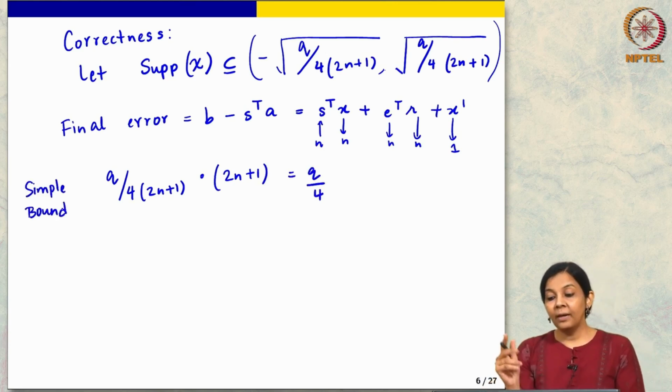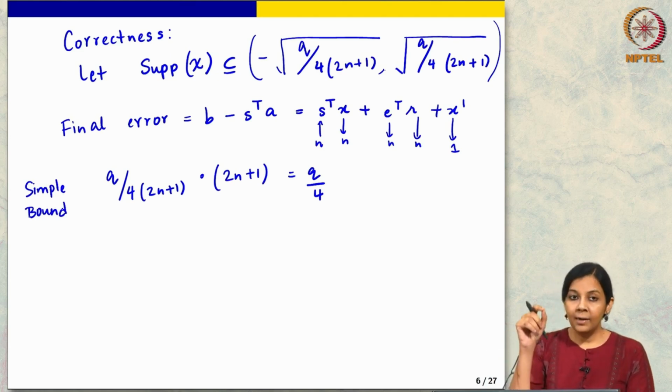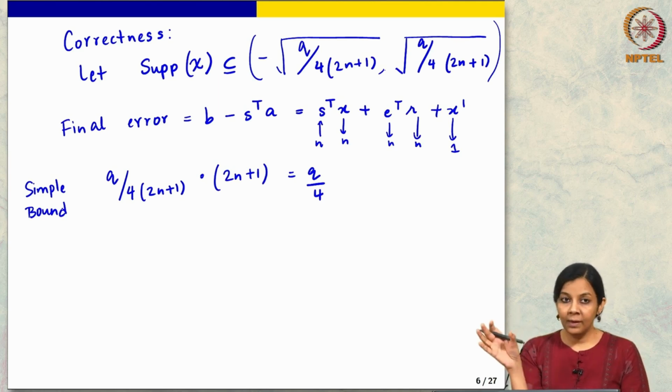Okay, so basically when I take inner product of S and X, every entry will get squared, right. So, I will get q over 4 to n plus 1, and then there are 2n of these in this inner product.